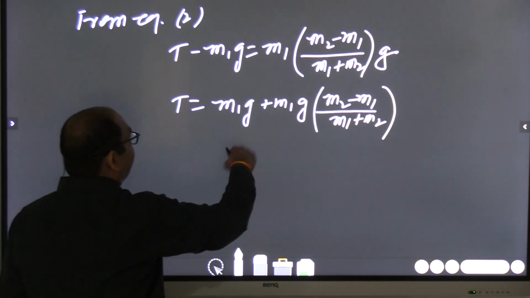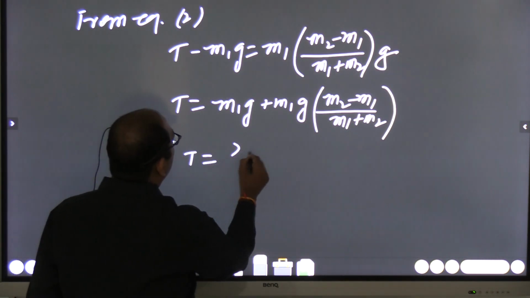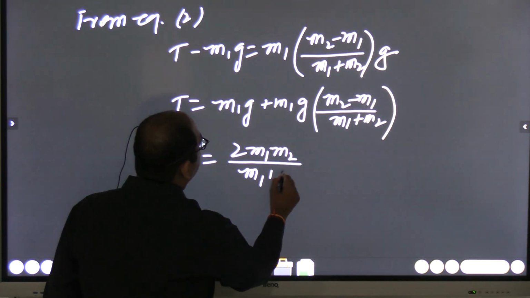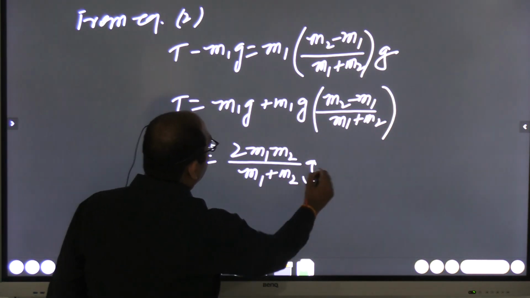Right, by taking the LCM, T will be twice M1 M2 upon M1 plus M2 into G.